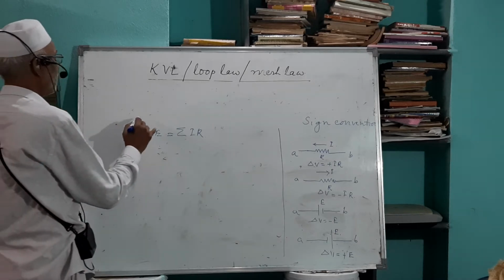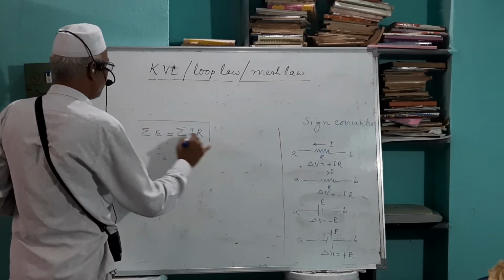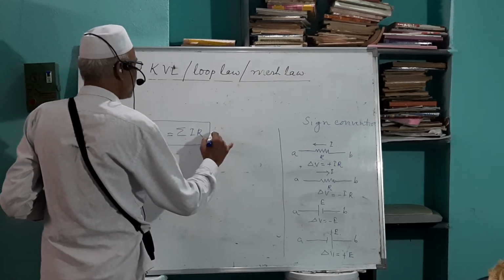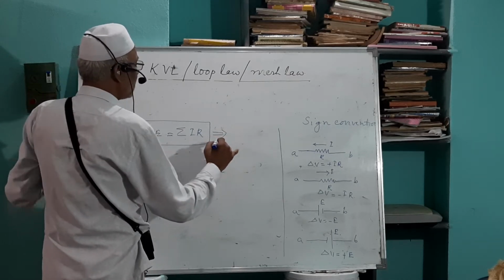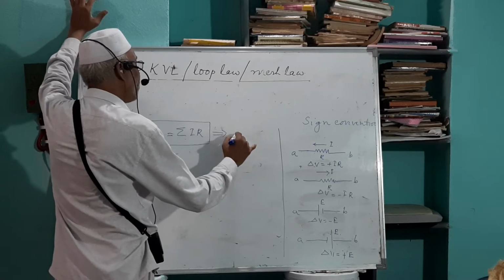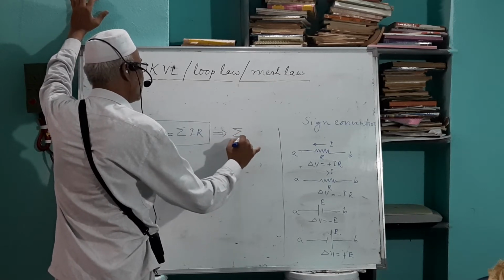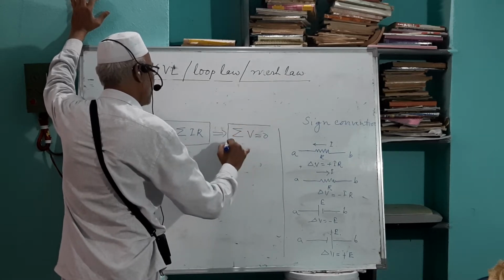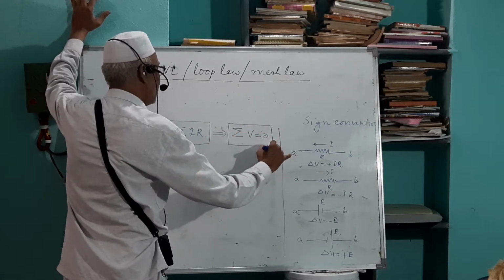So this is the mathematical expression of the KVL law. It is also expressed in this form: summation of V is equal to 0. This is the alternate form of the KVL law.